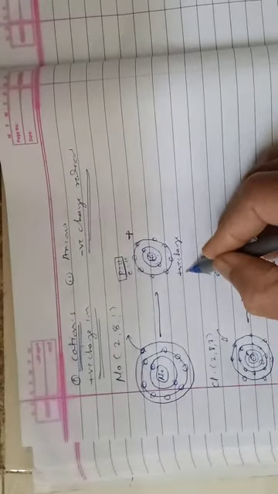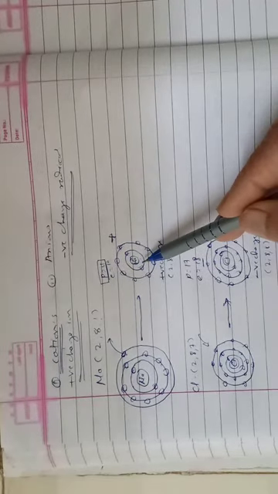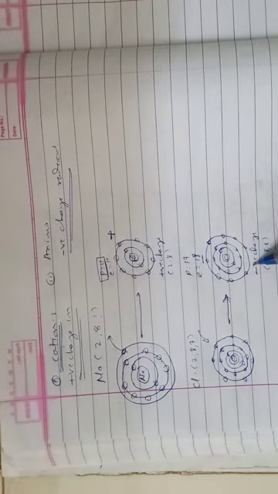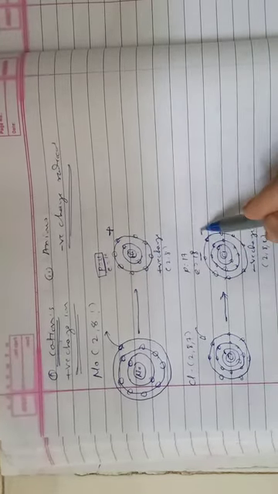Sodium becomes positive because its electron count becomes 2, 8, and chlorine becomes negative because its electron count becomes 2, 8, 8. Okay, so this ion is called the cation, and this ion is called the anion, both having opposite charges.